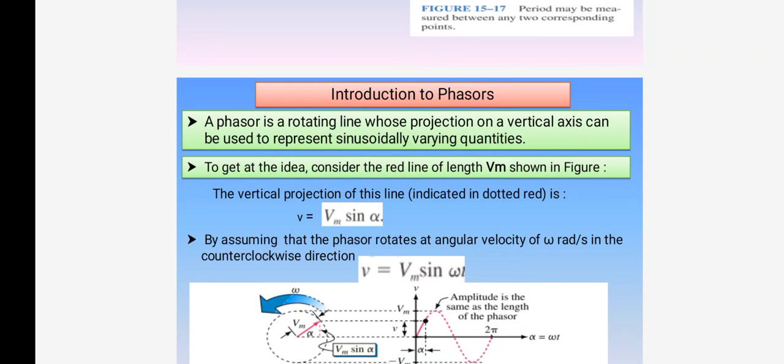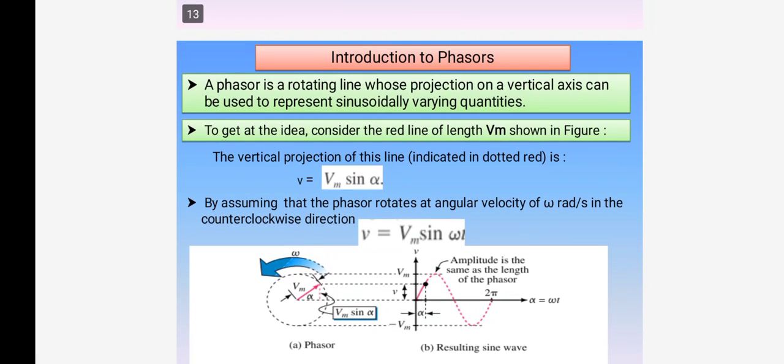Then the phasor diagram. The phasor is a rotating line whose projection on a vertical axis can be used to represent sinusoidally varying quantities. To get an idea, consider the red line of length Vm shown in the figure. The vertical projection of this line, indicated by the dotted red line, is V equals Vm sin alpha.